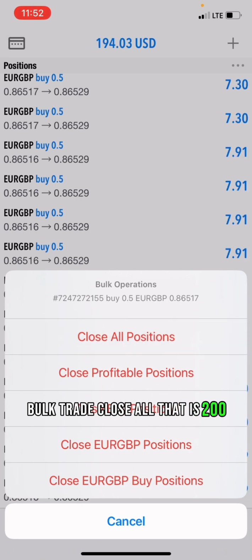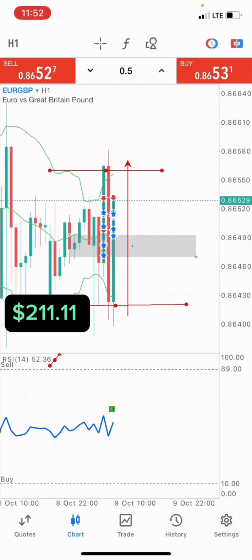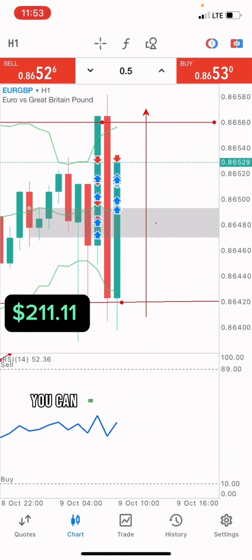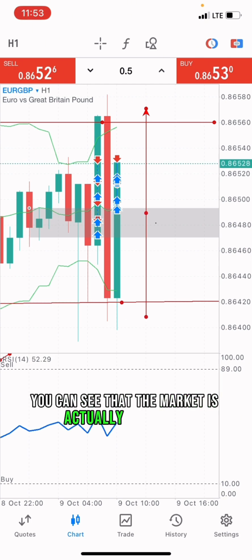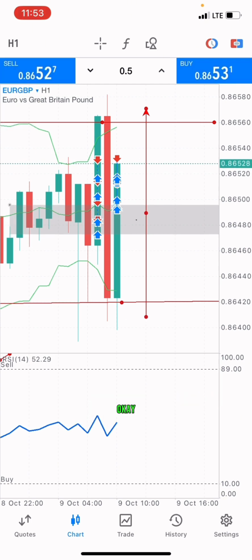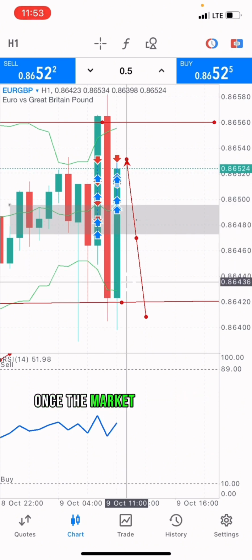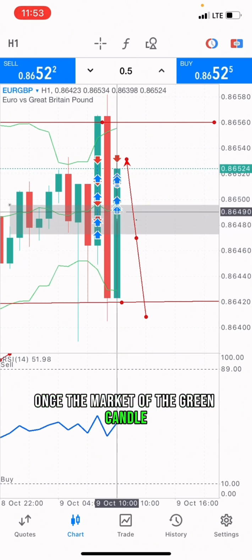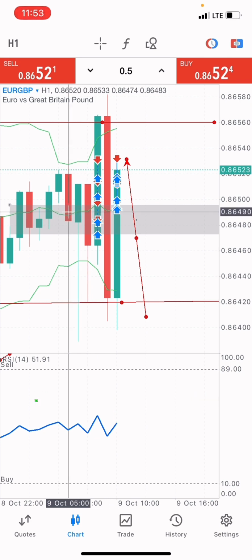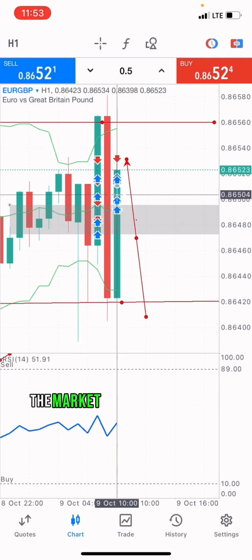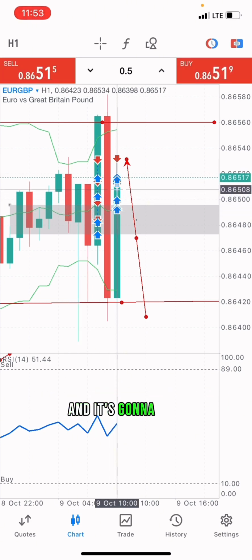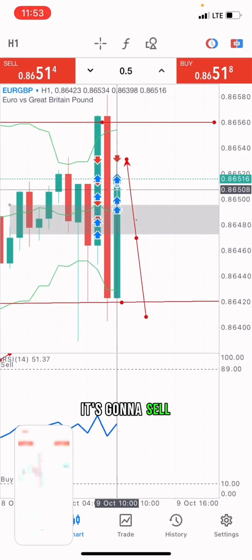Right now you can see that the market is actually spiking up. This Bollinger bands is always useful. Once the green candle crosses this line, the middle line on the Bollinger bands, the market is going to spike real quick and it's going to sell. It's going to sell guys.